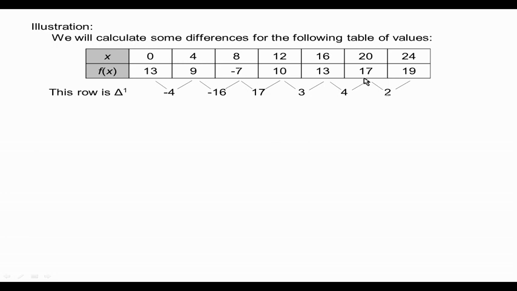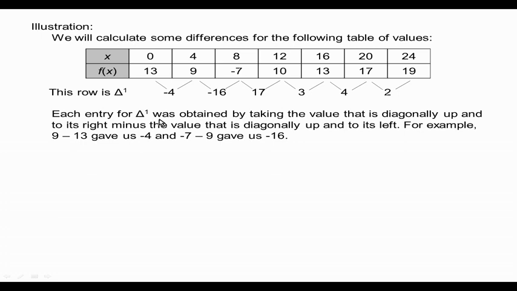And 19 minus 17 is 2. So again, this row right here, these are my first differences. They're also just the delta yi's. So again, each entry in the delta 1 was obtained by taking the value that is diagonally up and to the right minus the value that is diagonally up and to the left. So remember, it's right minus left.